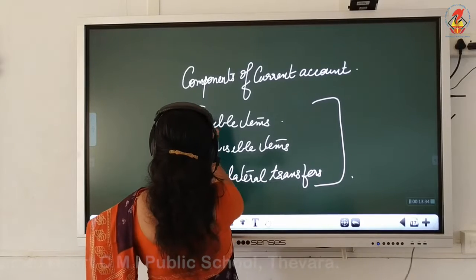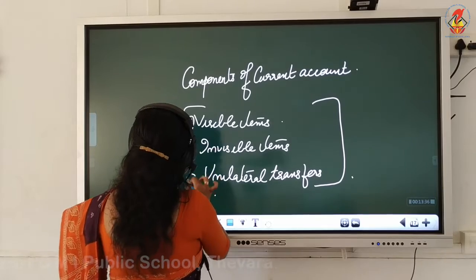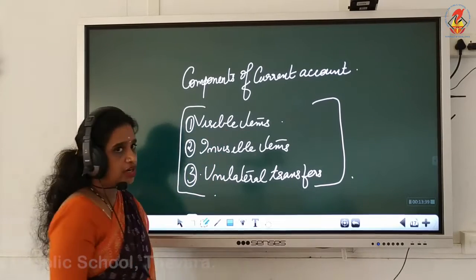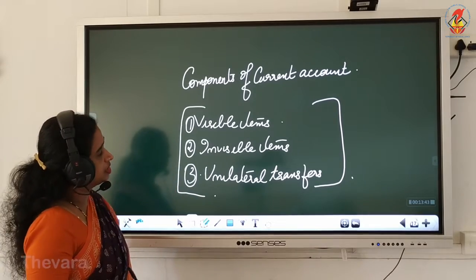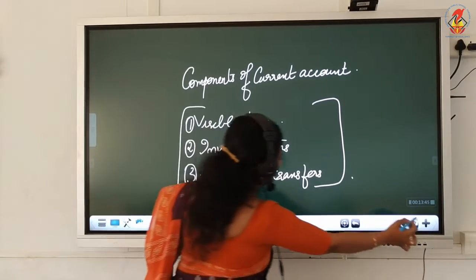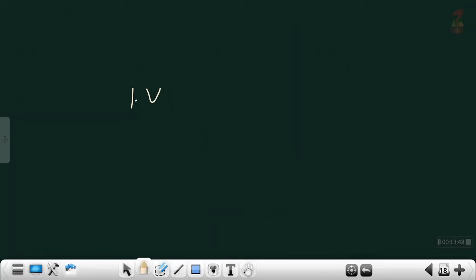The first three economic transactions of BOP come under the current account. Now let us explain this. Number 1, visible items. You know, visible item means goods.